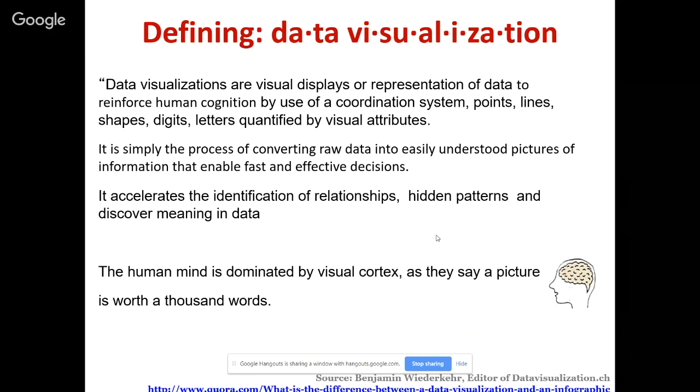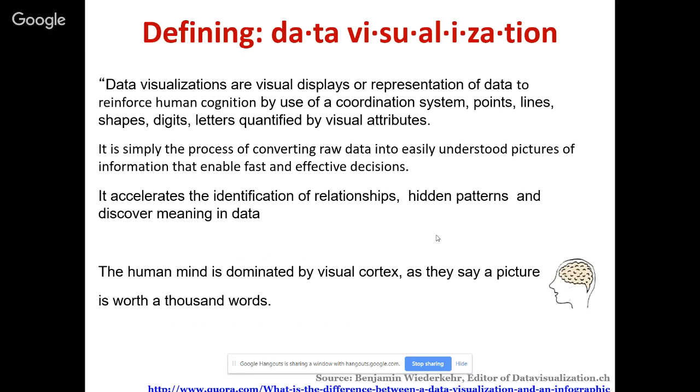A couple of weeks ago we looked at data visualization, and we saw that data visualization allows us to visually display or represent information or data to reinforce the human mind, the human cognition.